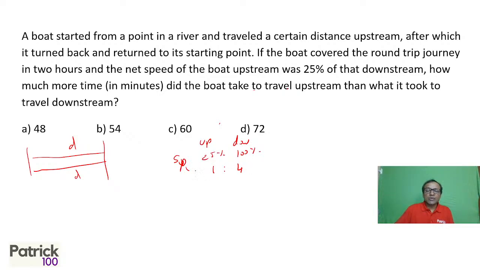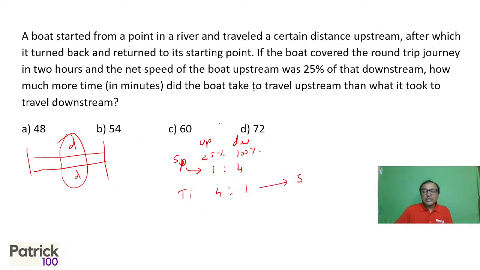So the ratio of the speed is 1:4, and the ratio of the time is the reverse, 4:1. Remember, the more the speed, the less the time taken, because distance is constant. If distance is constant, speed is inversely proportional to time.